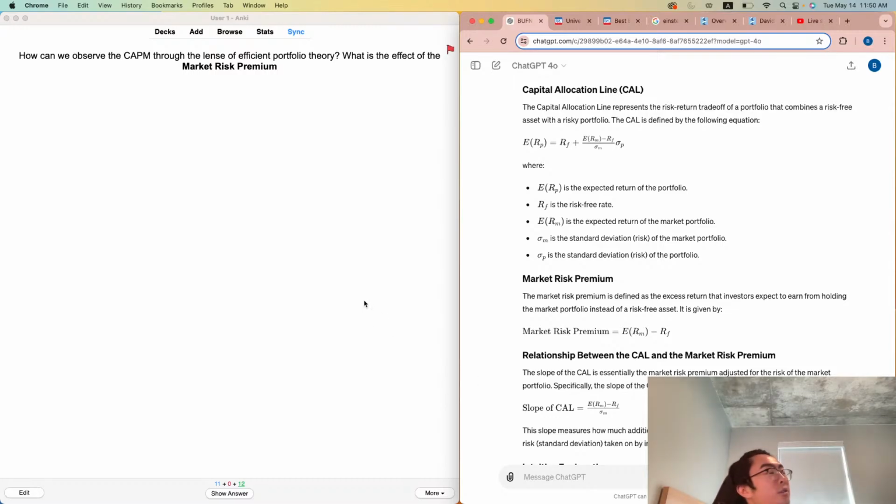So the slope then of the capital allocation line is simply just... Okay, the Sharpe ratio, it seems like.